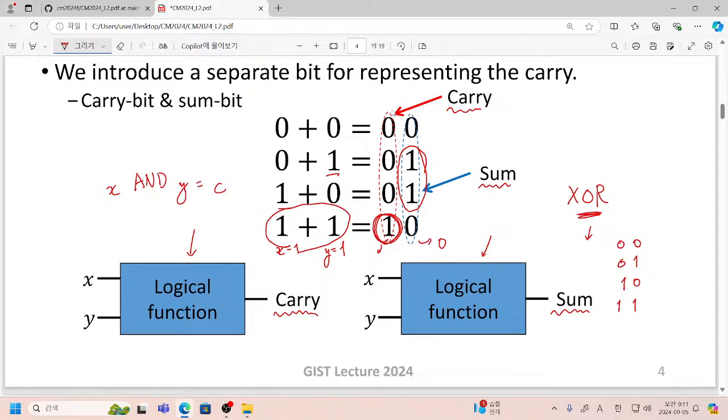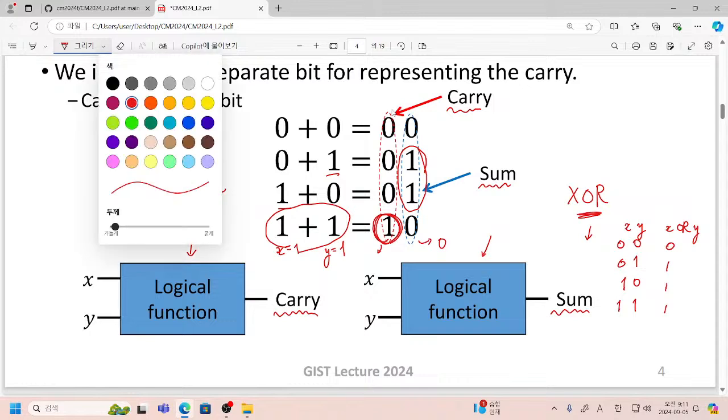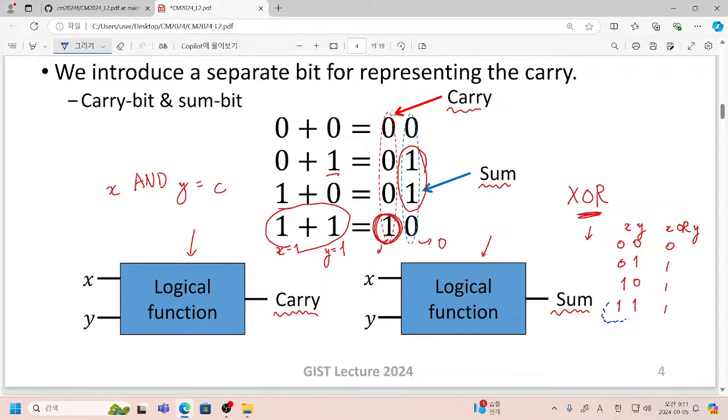If we consider ordinary OR, then we will have 0, 1, 1, 1 as the truth table, that will be x OR y, as you know. However, in the case of exclusive OR, we exclude the case where both of them are 1, so that becomes 0, and that is shown as the sum bit of our binary adder.